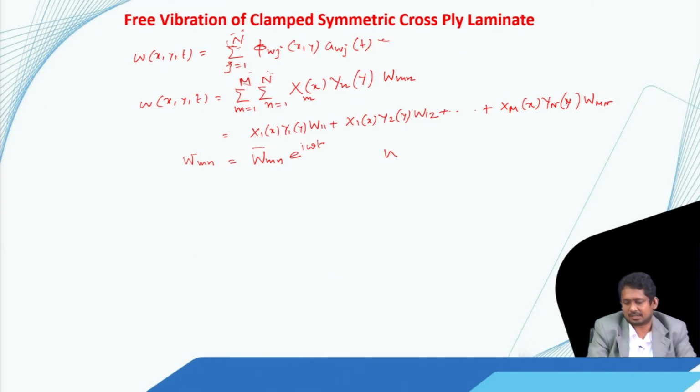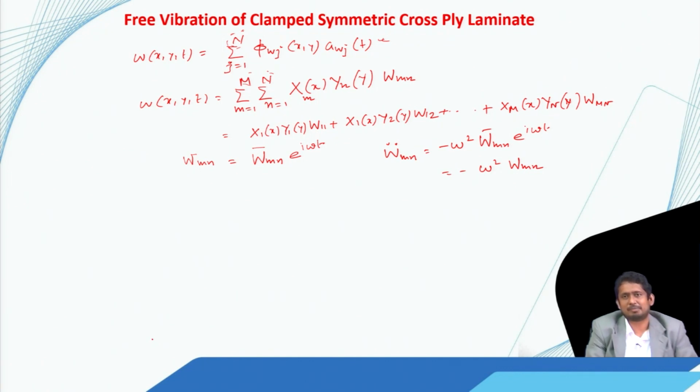So, when we take derivative of wmn bar, it becomes minus omega square wmn bar into e to the power i omega t, and we can write this as minus omega square wmn.